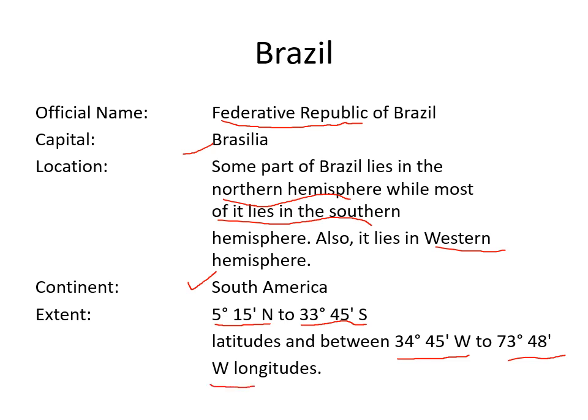So it can be clearly understood that the longitudinal extent of this country is quite vast, and it definitely has its impact on the local time and the standard time of the country. So we'll try to gather some more information about it. Let's move ahead.